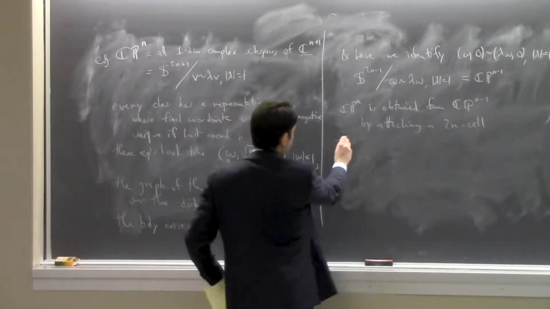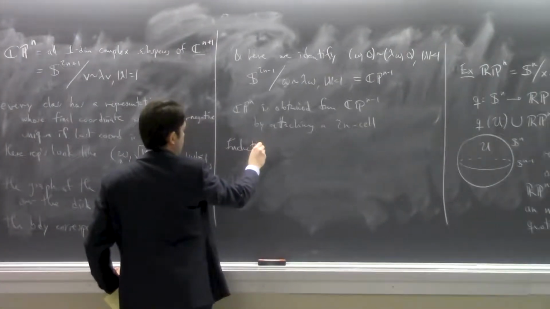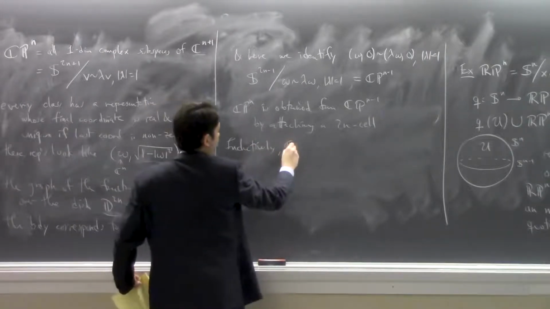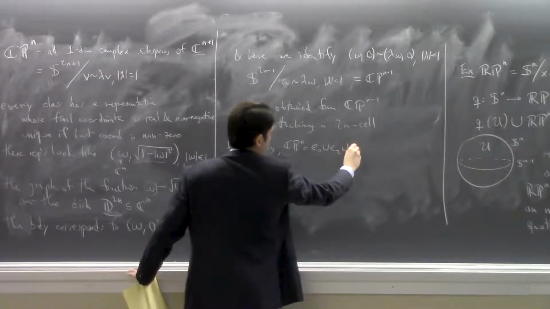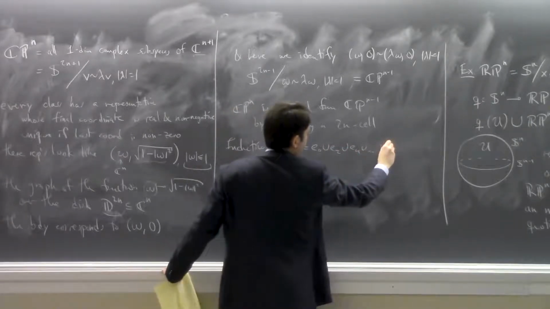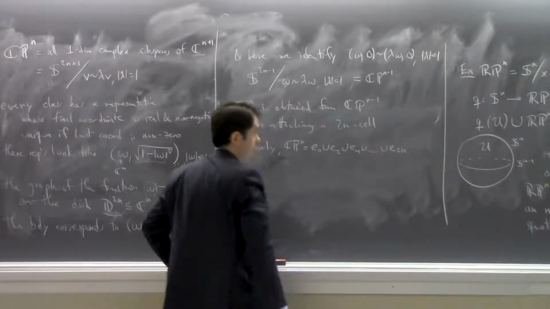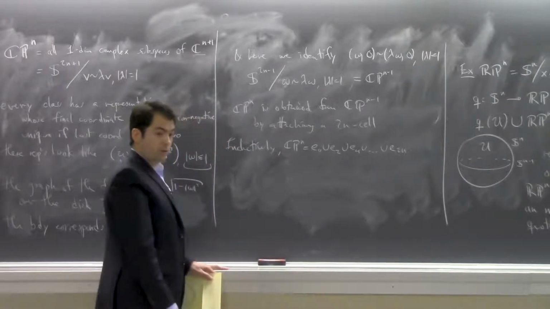So inductively, we have CP^n is just a union of even dimensional cells until you get to 2n.